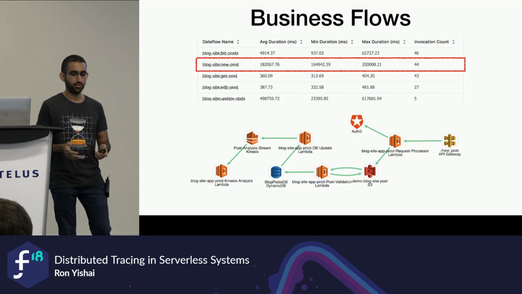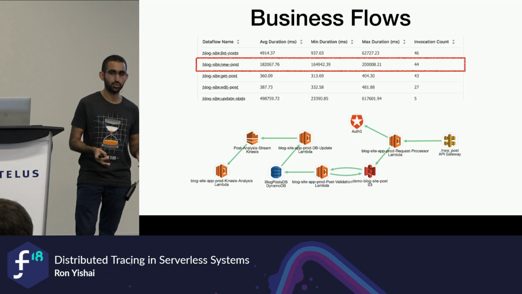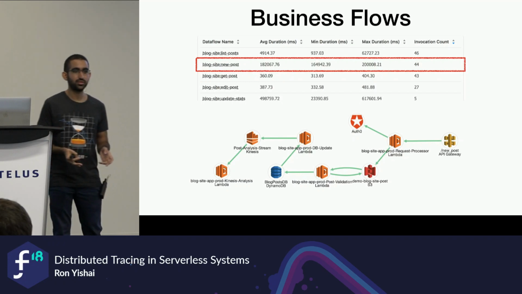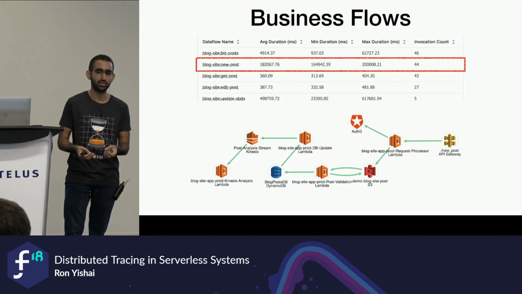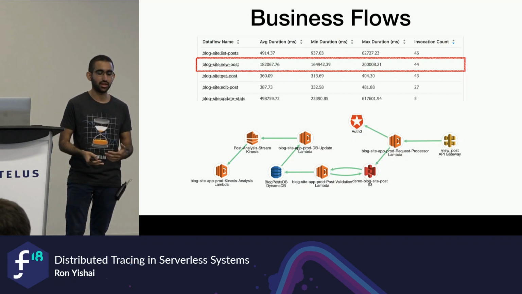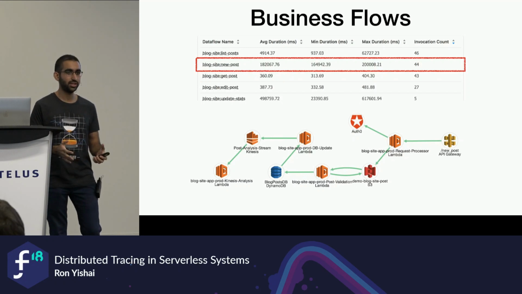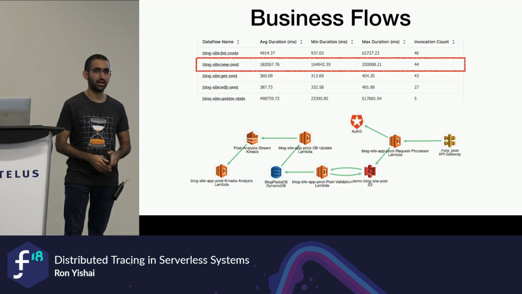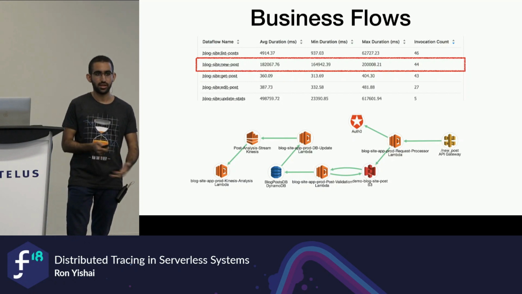If, for example, this flow is a new post uploaded to a website, I don't want to see only how much time it took the first Lambda function to run and process this, because probably when it finishes its invocation, the post is not yet in the system, since many other resources need to process this request. So I want to see the average duration of the full workflow, and how many times it is invoked, and a lot of different statistics.